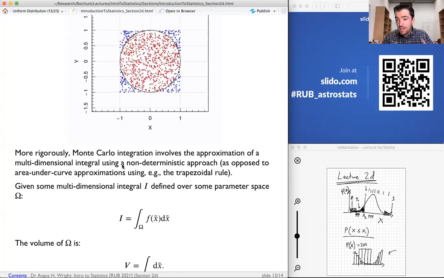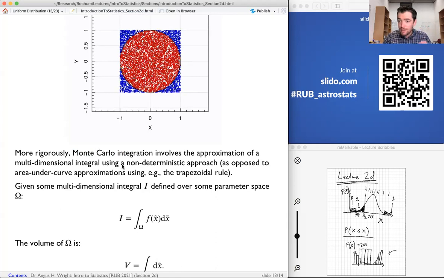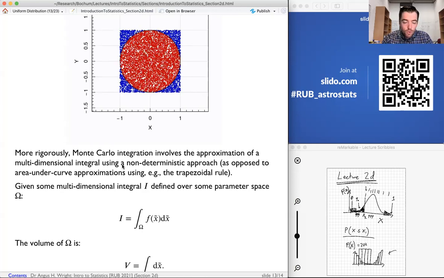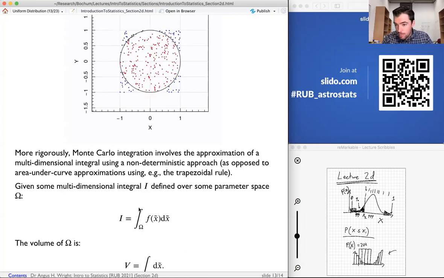And this is different to doing something which is fully deterministic, like using the trapezoidal rule to estimate the area under a curve, right? Part of the reason this is really useful is for when there is either a very highly multi-dimensional problem or the distribution function is very, very complicated.